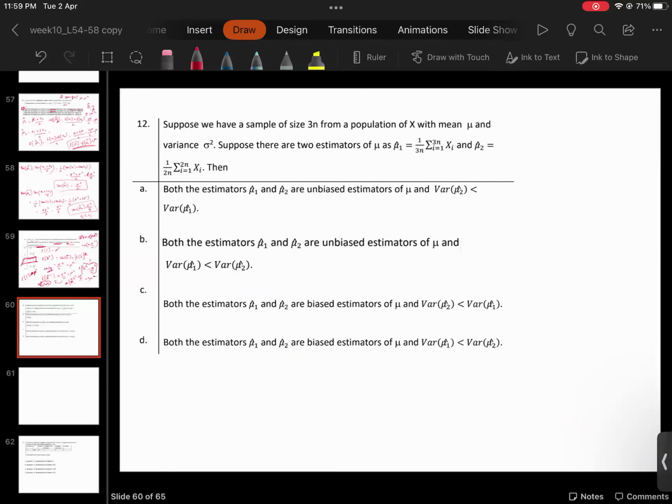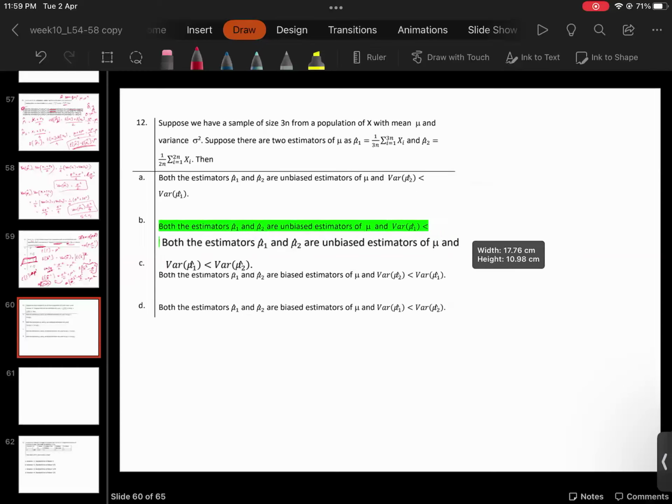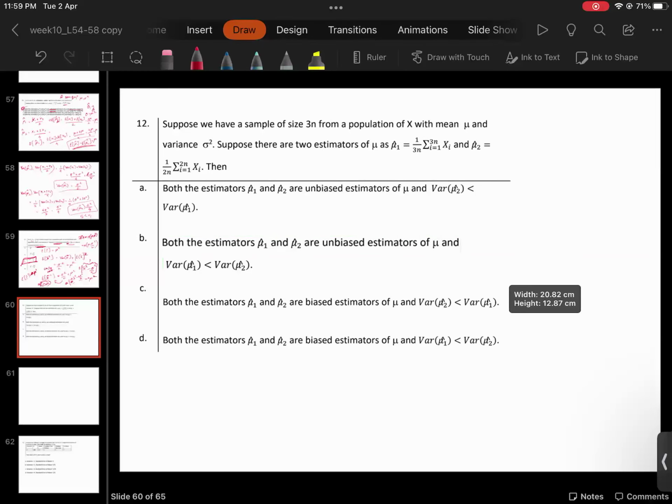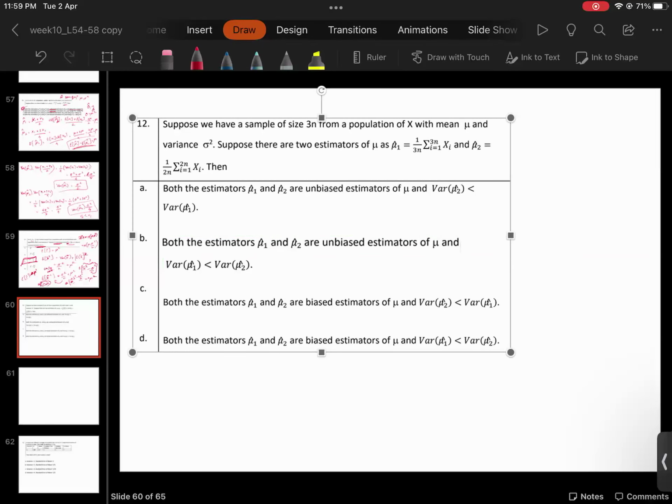Okay, what is this? This is also something very similar. Suppose we have a sample of size 3n from a population of X with mean mu and variance given. Suppose there are two estimators.